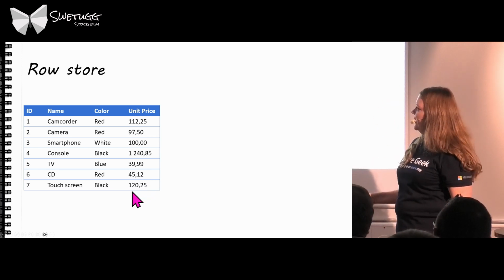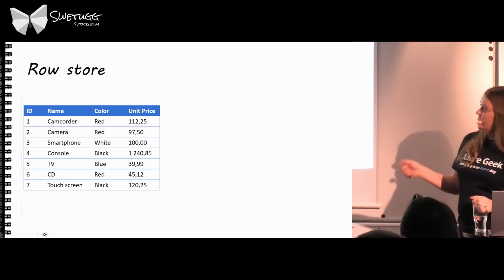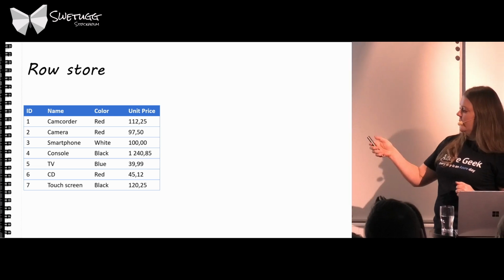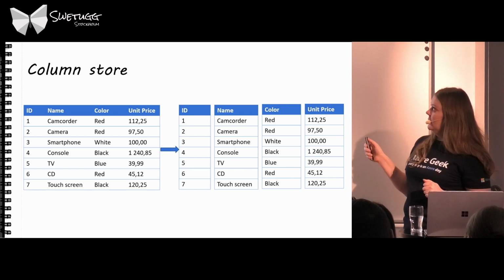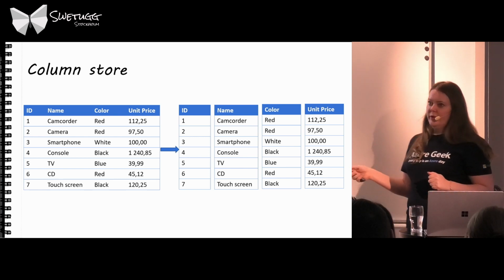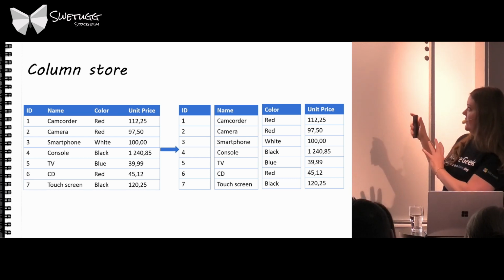And the same for the Power BI engine. It would be very slow if it should scan row by row. That's why Power BI stores your data in column store format, where every column is stored separately in adjacent memory locations.